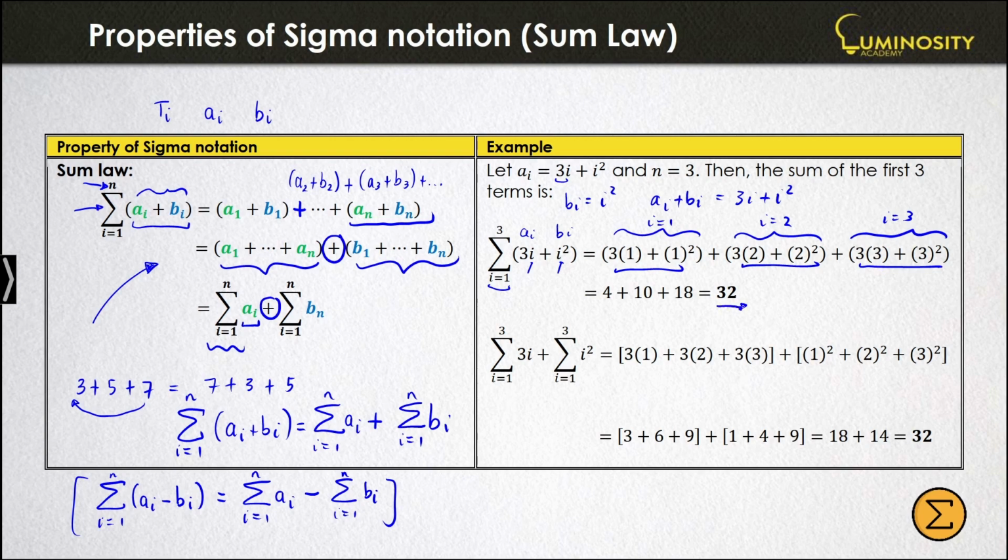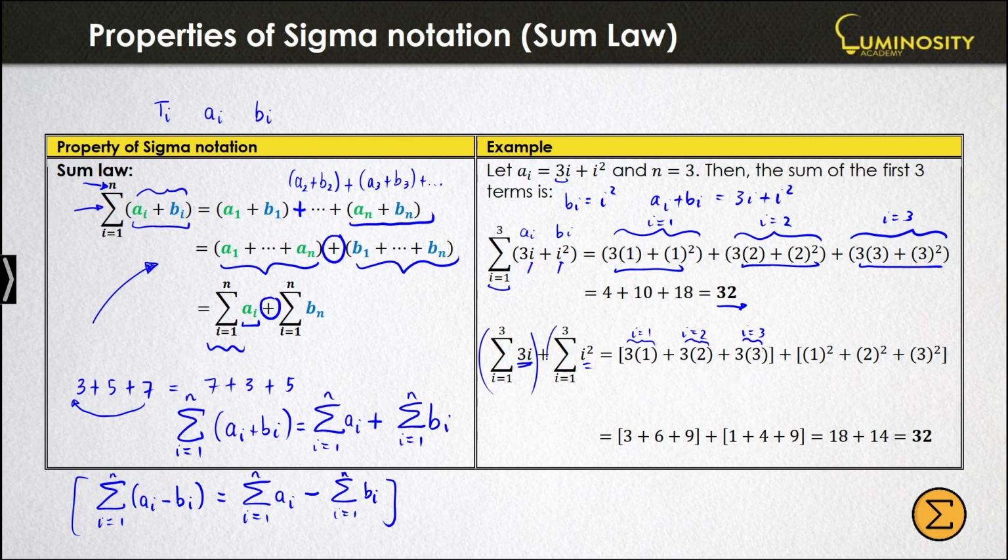But if we did it the other way and we broke it up into individual sums, so the sum from i equals 1 to 3 of 3i, plus the sum from i equals 1 to 3 of i squared, then for the first general term, i equals 1 is here, i equals 2 is here, and i equals 3 is here, and you substitute those i values for 3i. So 3 times 1 plus 3 times 2 plus 3 times 3.